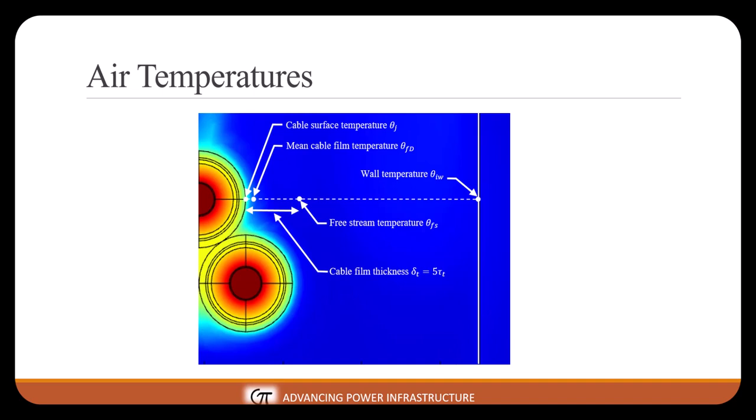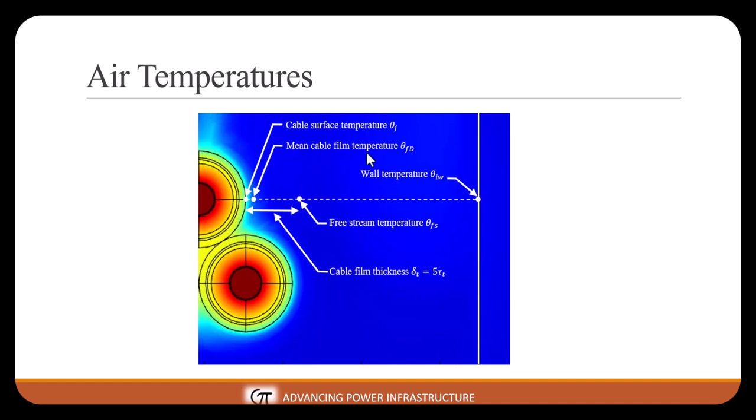Here is a half symmetry view of the temperature distribution of a triple power cable to illustrate various important temperatures. The cable surface temperature is higher than the surrounding air and exponentially decreases to a free stream temperature, moving radially away from the cable surface, where in this model the free stream temperature equals the temperature of the inner wall surface.